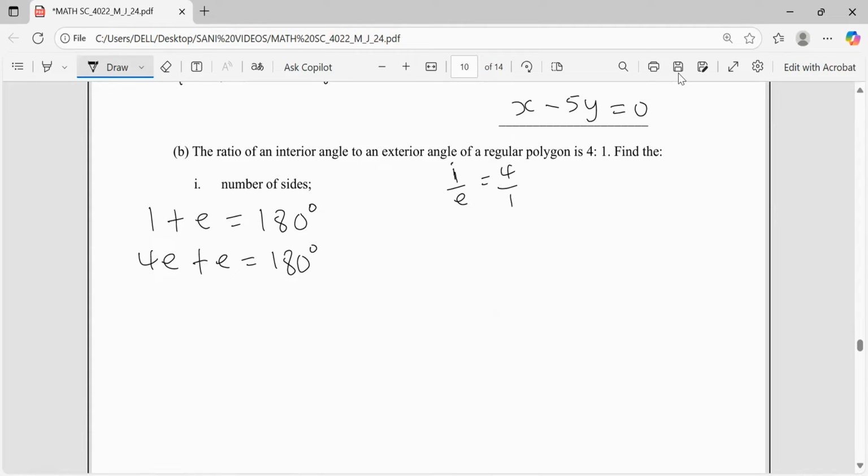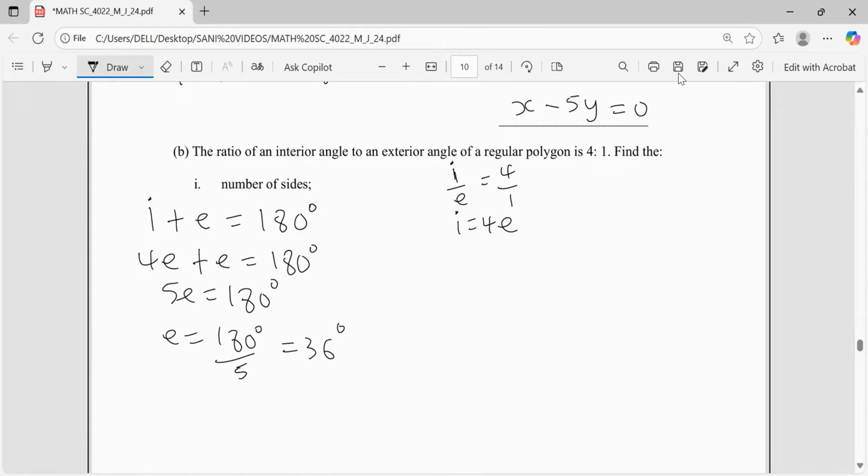So you cross multiply, you have I equals 4E. Substituting that into our interior angle, 5E equals 180 degrees. So E equals 180 degrees over 5, which equals 36 degrees.